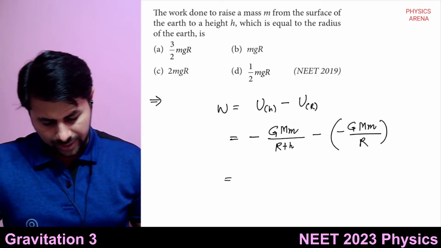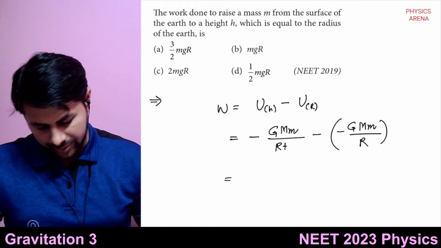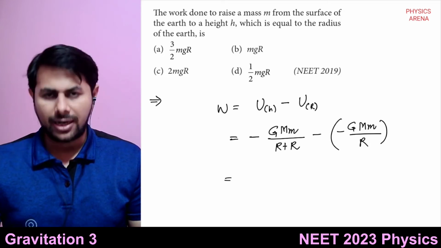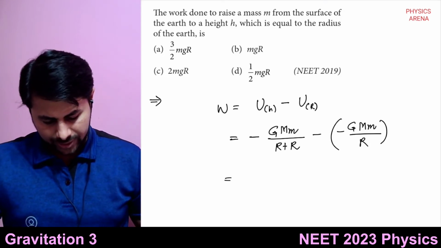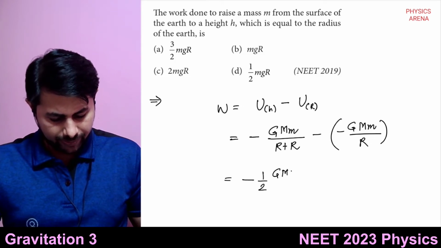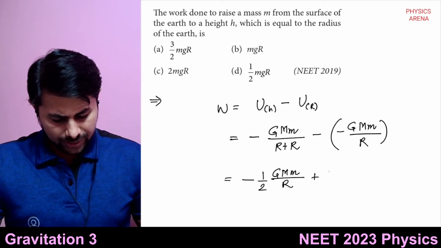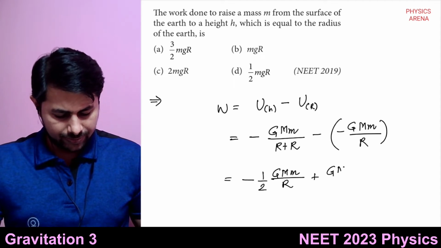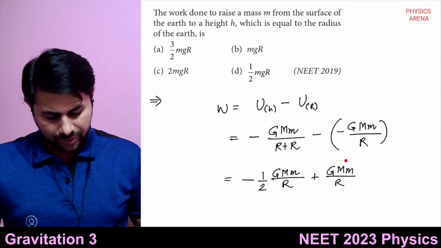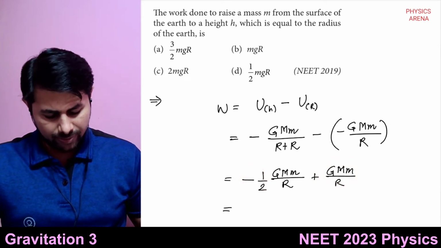And h is equal to the radius of Earth, so in place of h I will put r. So this is minus half of GMm upon r, because in the denominator we have 2r, plus 1 GMm upon r. Or you can say 1 minus half GMm upon r, so it is half GMm upon r.